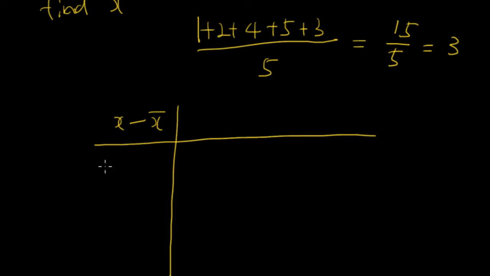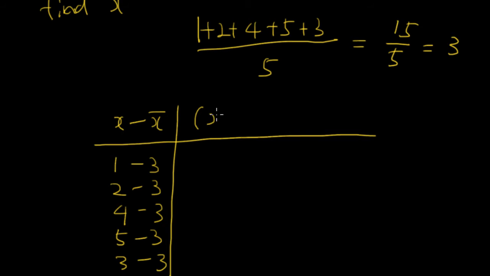So I need to do 1 minus 3, 2 minus 3, 4 minus 3, and 5 minus 3, and 3 minus 3. Right? These are the original data. These are the x bar that we just found. And then I want to square this.